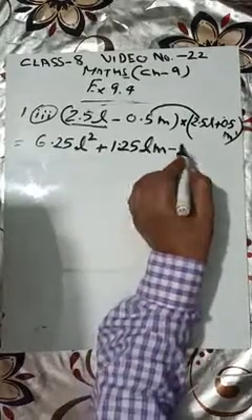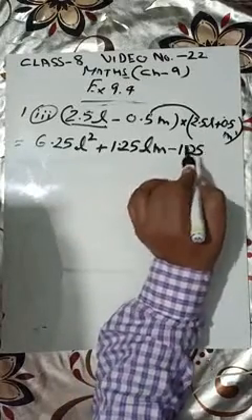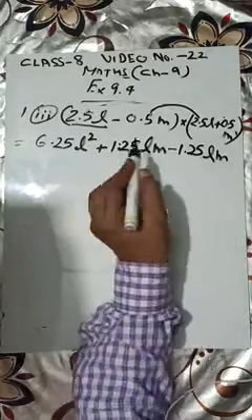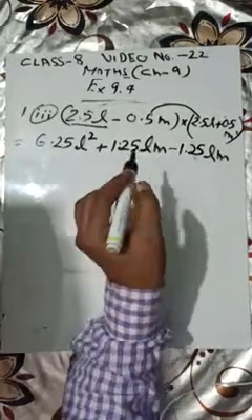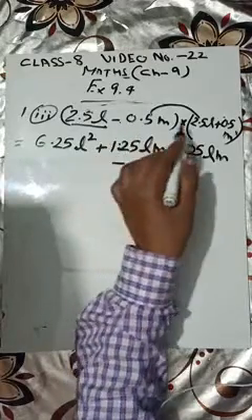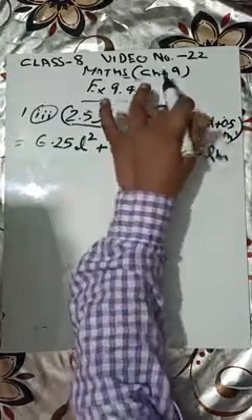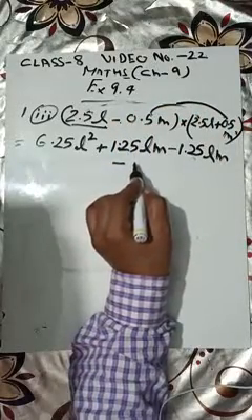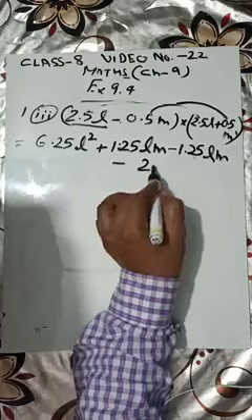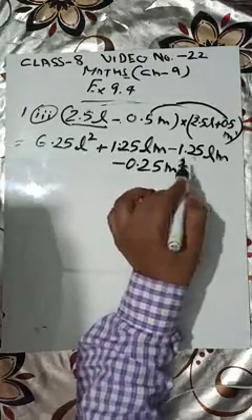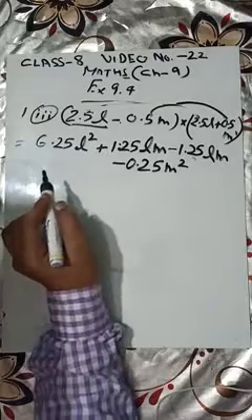Just now we have seen it will be 1.25, and it is lm, alphabetically I am following. Then for the last term, it is minus and this is plus. The answer is minus 0.5 and 0.5, it is what? 0.25 m square.